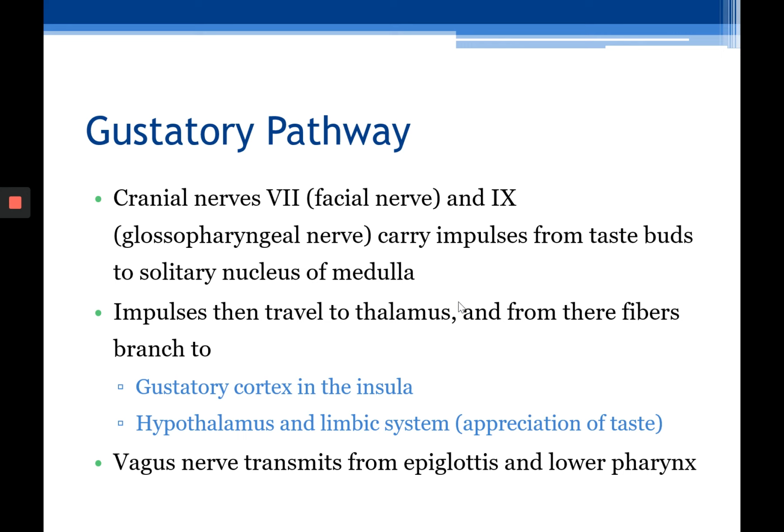From there, the fibers branch to the appropriate somatosensory cortices, including the gustatory cortex and the insula, or the insular lobe. We're also going to send signals to the hypothalamus and the limbic system. So just like with smell, we send gustatory signals to other parts of the brain as well, and this allows for the appreciation of taste. The vagus nerve can transmit from the epiglottis and lower pharynx if a taste bud located there is sending signals up to the thalamus to be relayed to the gustatory cortex.